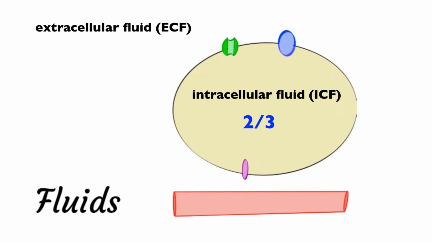The fluid outside of cells is the extracellular fluid. Any fluid in the body that is not confined within cells is under the umbrella of extracellular fluid. So the fluid within blood vessels, known as blood plasma, is part of the extracellular fluid. We have other vessels in the body known as lymphatic vessels that carry a fluid known as lymph.